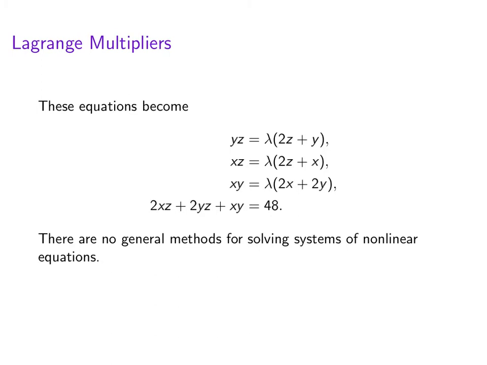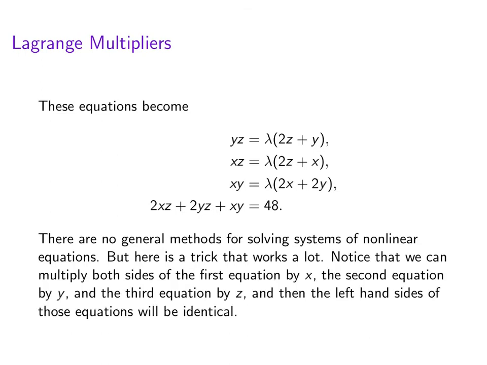Now these are nonlinear equations, and there's really no general method for solving these. They can be very hard to solve. Here's a trick that works a lot. Notice that we can multiply both sides of the first equation by x, the second equation by y, and the third equation by z. And then the left-hand sides of those equations will be identical.